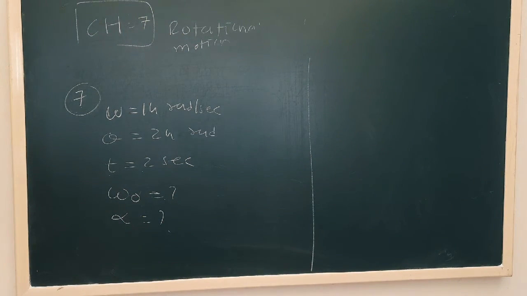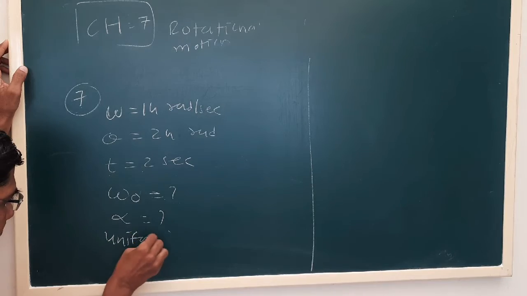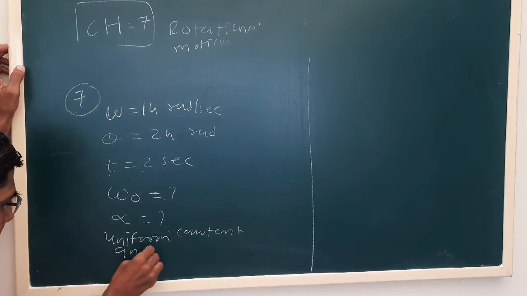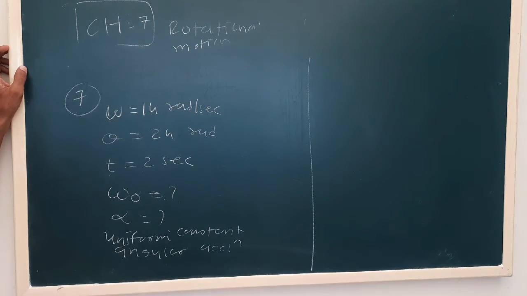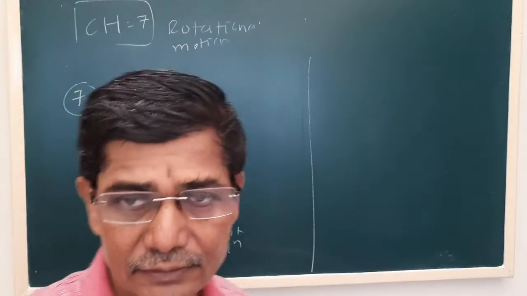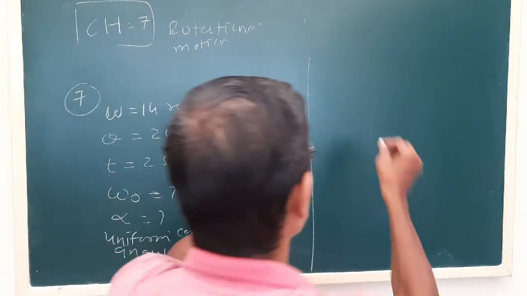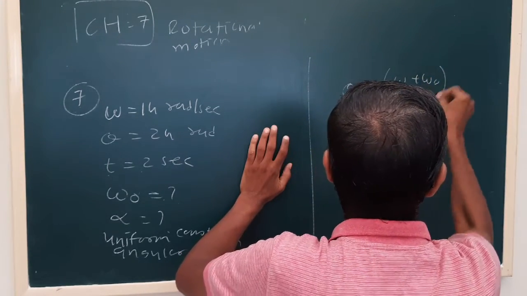Okay, now see here it is given that it moves with a uniform or constant angular acceleration. Now during the theory part we have discussed the equations of motion with constant angular acceleration. We derived this: theta is equal to (omega plus omega 0) by 2 into t.